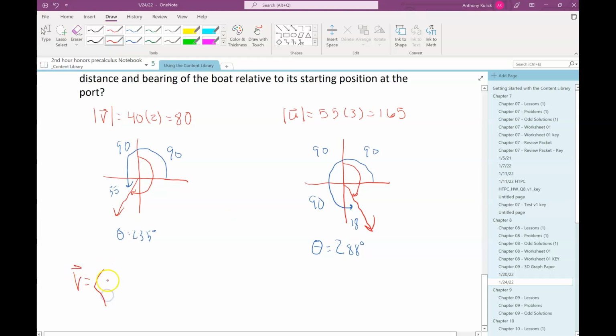So I'm going to resolve vector v into component form now. And I'm going to do the same thing for vector u. Put it into component form.